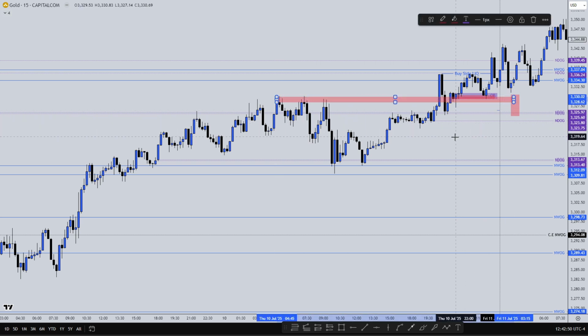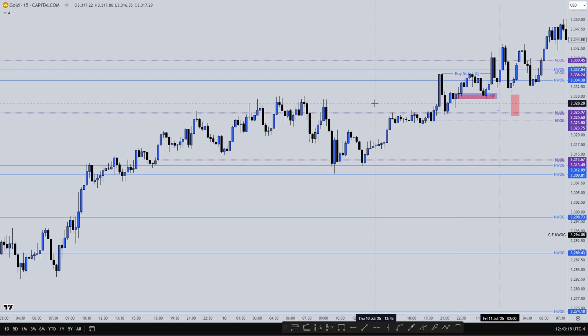I will show you how to identify the resistance or support areas from the retail perspective, but I use it in the ICT concepts, and I will also show you how to find the correct support or resistance area. So we see that the prices did close above this area.